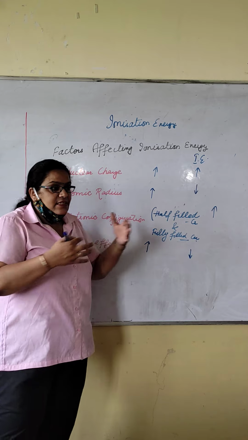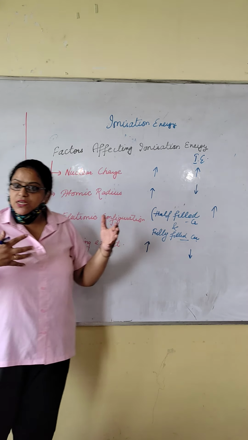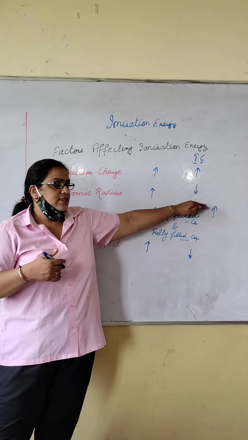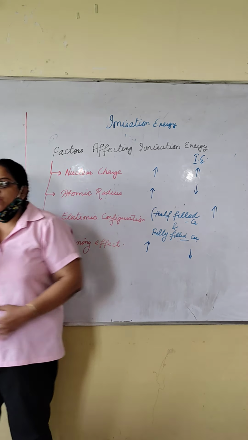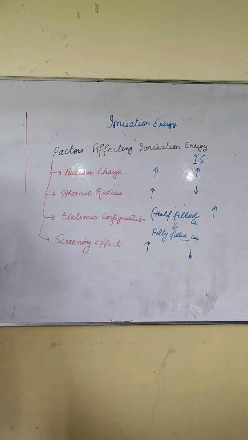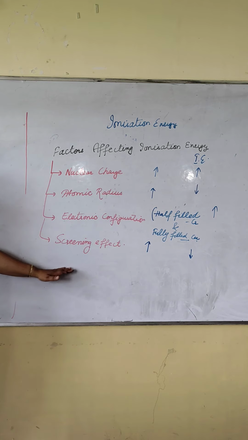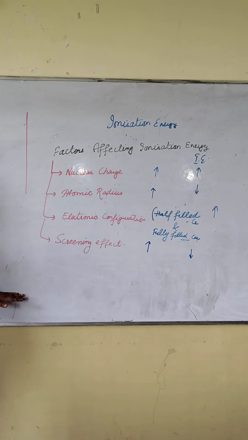Atomic radii size is more, less force of attraction, so IE will be less. Electronic configuration. Half-filled and fully filled configuration is there. They are more stable than the other one. So, more IE will be required to break that. Right? Screening effect is more, IE will be less.